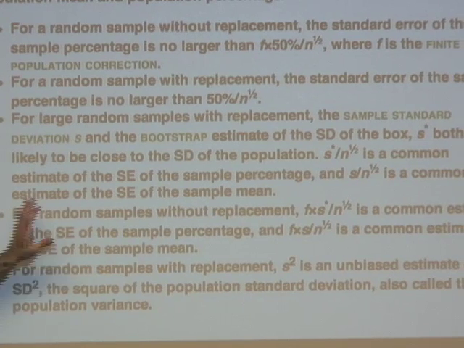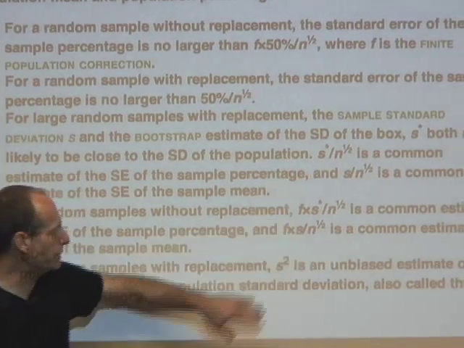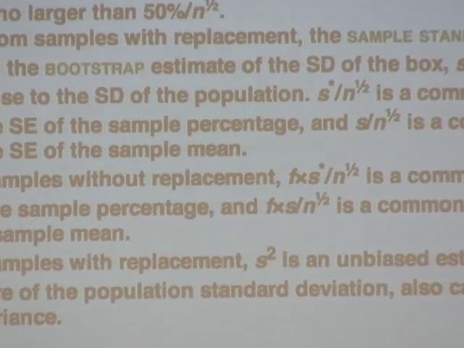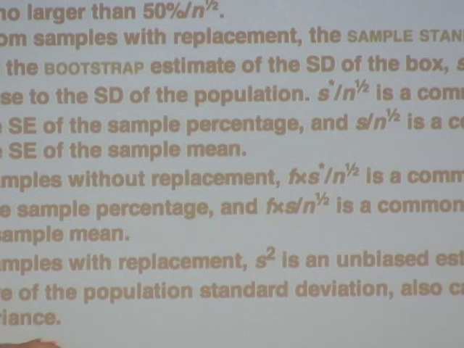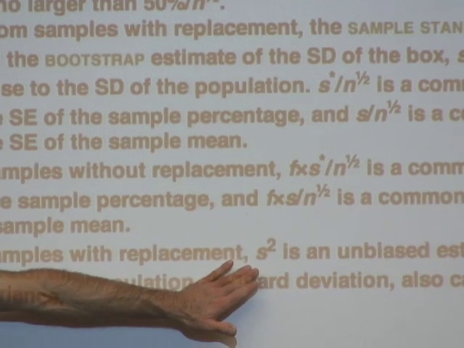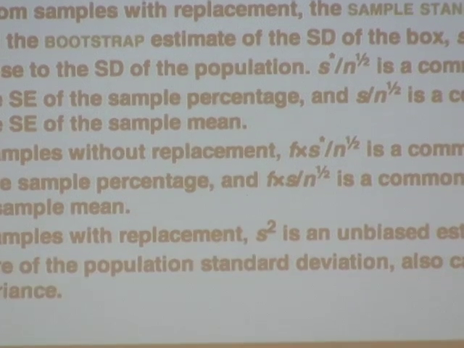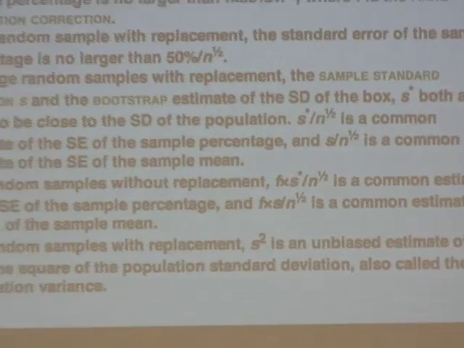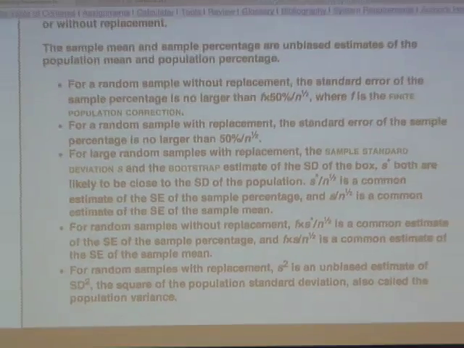Okay, if you're sampling without replacement, you modify these by multiplying by the finite population correction. In the particular case that you're taking a random sample with replacement, the sample standard deviation squared is an unbiased estimate of the square of the standard deviation of the box. Who cares? I don't know, but it's common. That's what people tend to do.